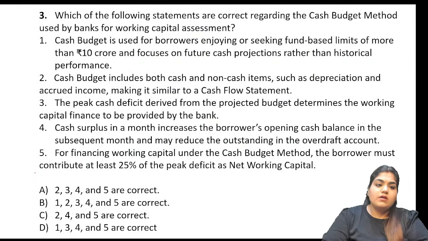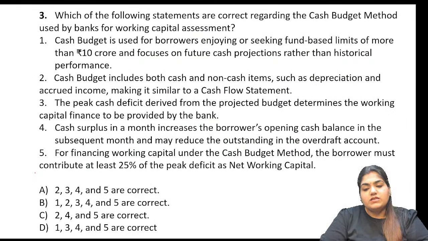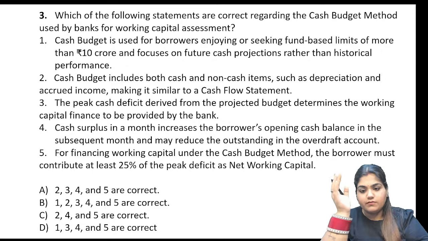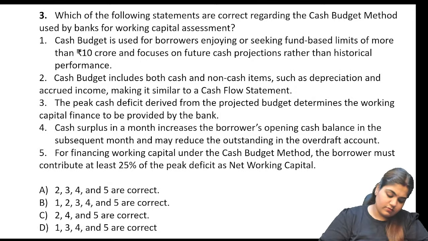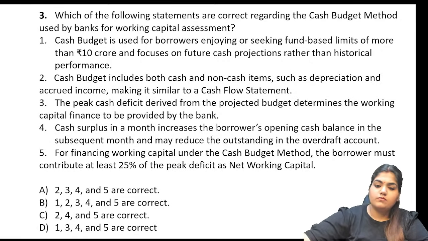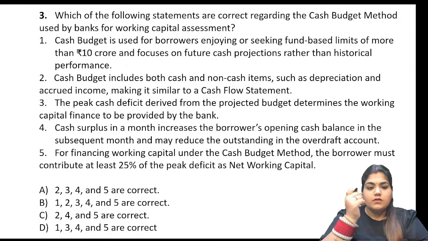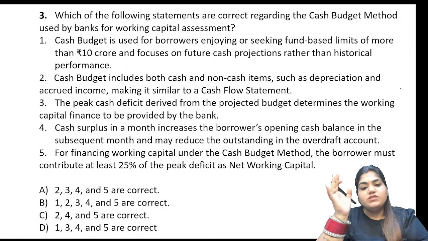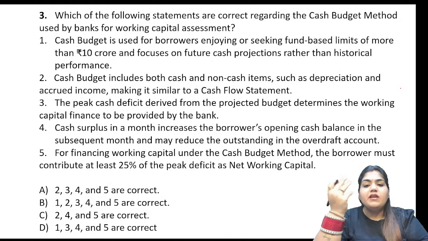Next question. Which of the following statements are correct with respect to cash budget method used by banks for working capital assessment? Question is on the screen. Statement number 1 is correct. The cash budget method is adopted primarily for borrowers seeking funds based limit over 10 crore.